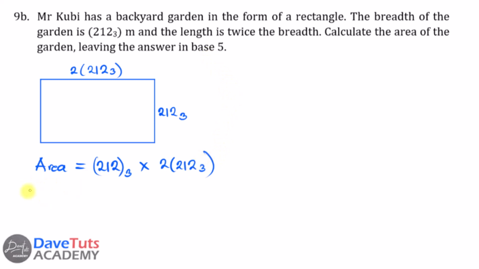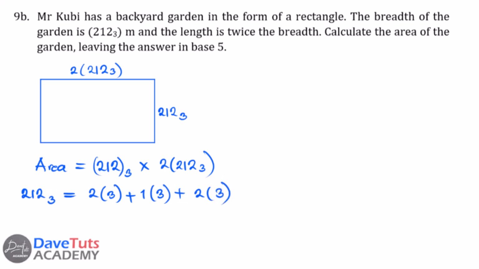So for 212 of base 3, if we want to convert to base 10, each of these digits: we have 2 multiplied by 3, plus 1 multiplied by 3, plus the last digit 2 multiplied by 3.